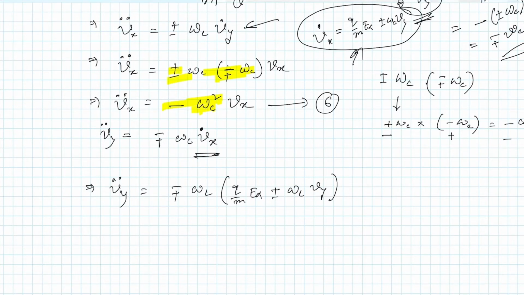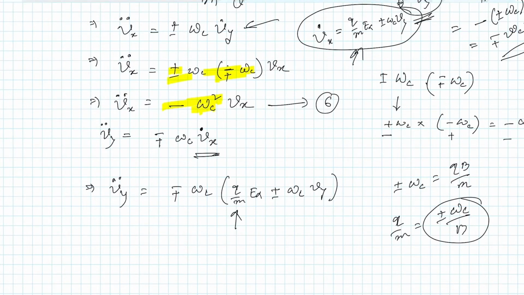Now you see, we know that plus minus omega c is equal to qB by m. So we can write q by m is equal to plus minus omega c by B. That's why this q by m can be replaced by this. Okay, let us do it.